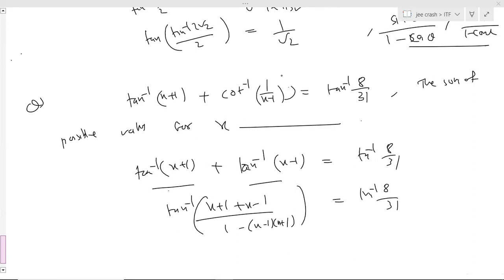Correct answer, Krishna. Marita, is it 4 or minus 1 upon 4? 1 upon 4.